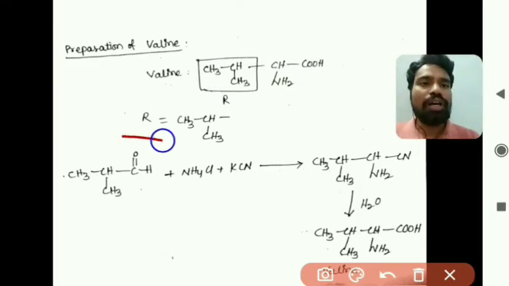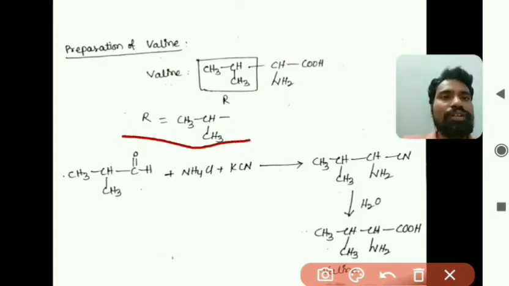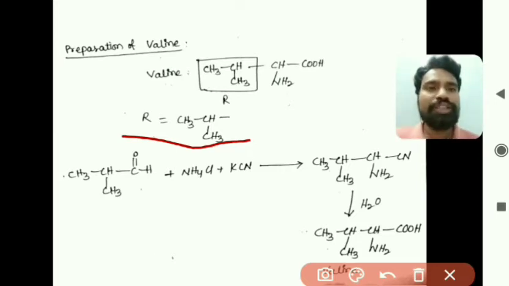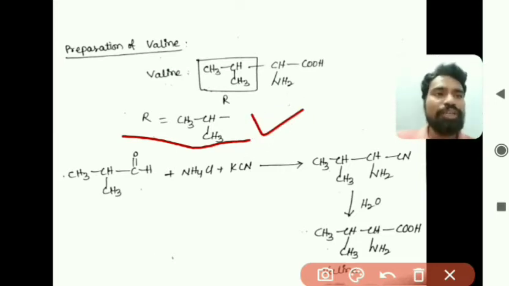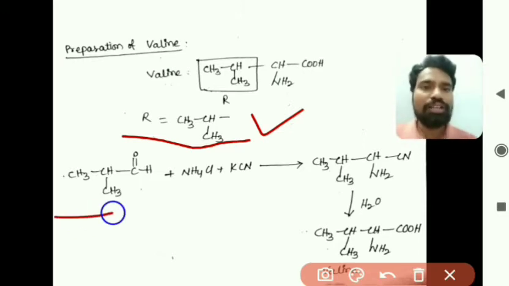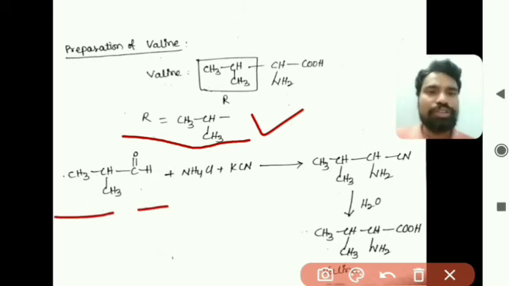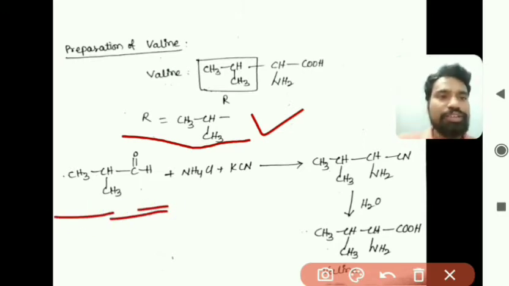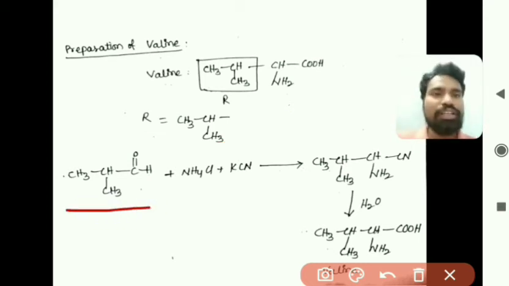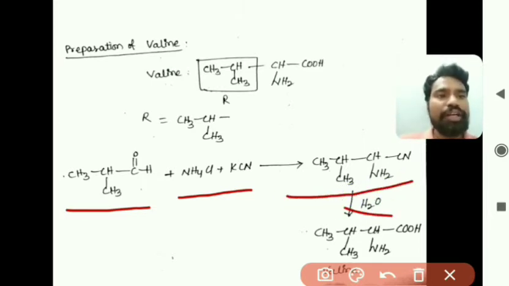Now the alkyl group which we require is CH3CHCH3, so we have to take a similar kind of aldehyde, that is R C double bond OH. This aldehyde is reacted with ammonium chloride and potassium cyanide, then it forms amino cyanide, and upon hydrolysis we will be getting valine.